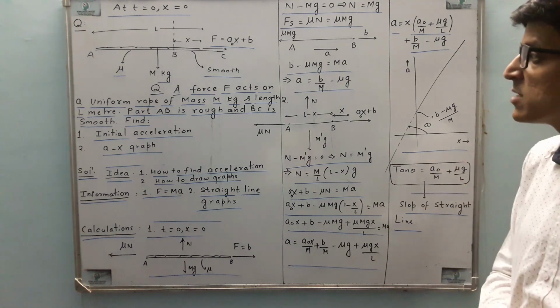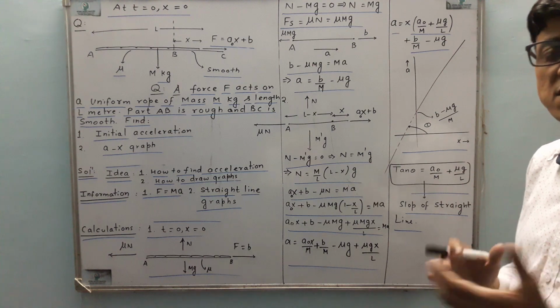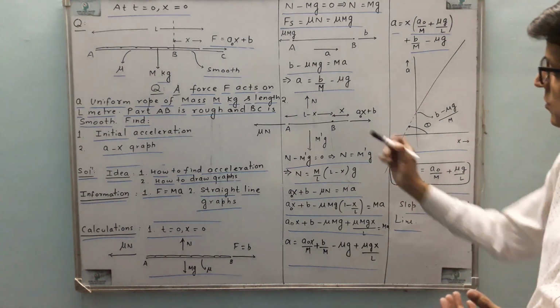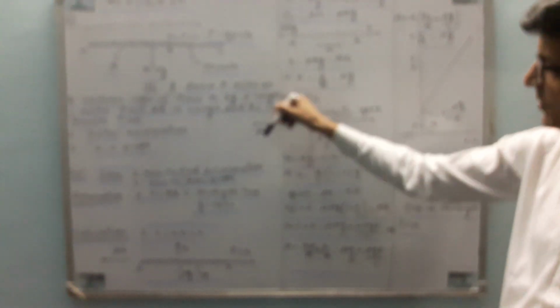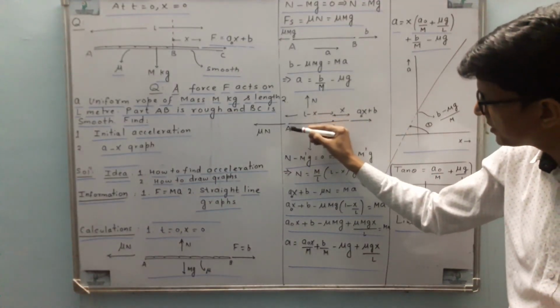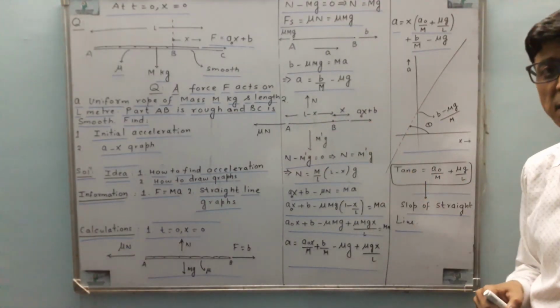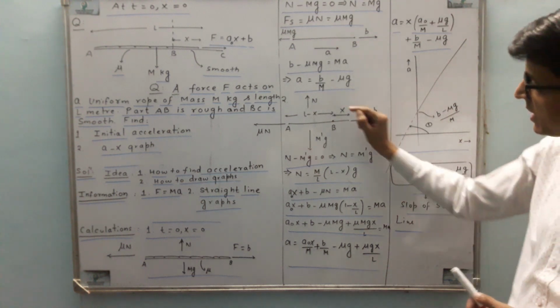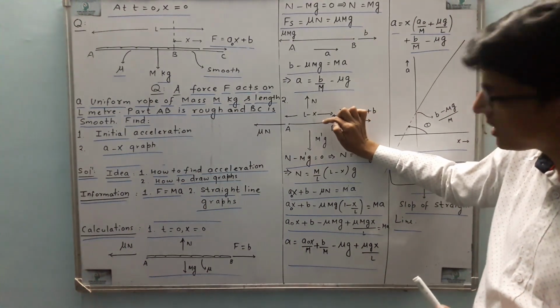Now let us calculate acceleration at a general x. So suppose this distance is x. So force will be A naught x plus B. The friction will be mu N, but N will be m dash g because the friction is present only on the part AB. So we will take the normal reaction between AB and ground.